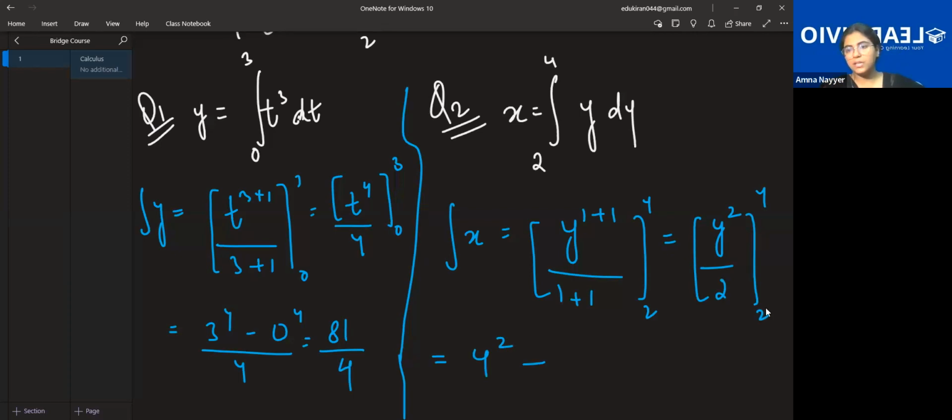We have the lower limit as 2. What's the power? 2 divided by 2. So what do we have? 16 minus 4 by 2. So I think Mariam had solved this correctly. 12 by 2 is equal to 6. Yeah, Mariam's answer is correct.